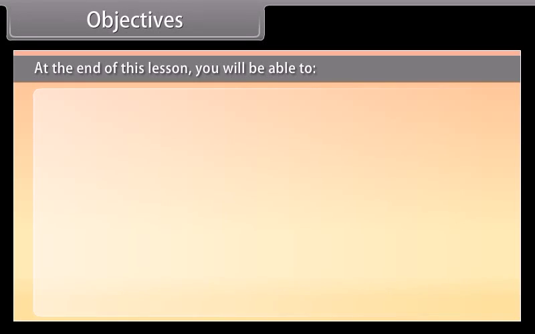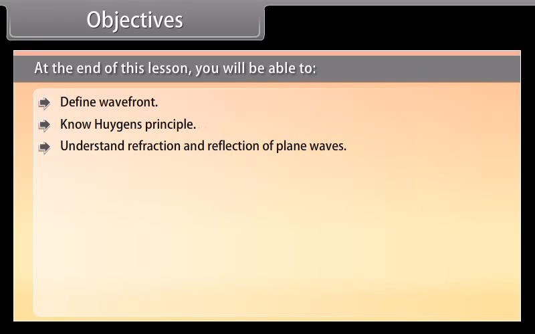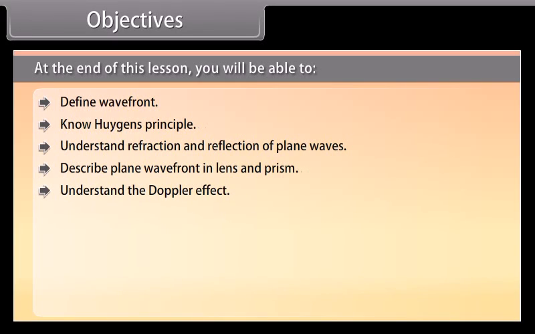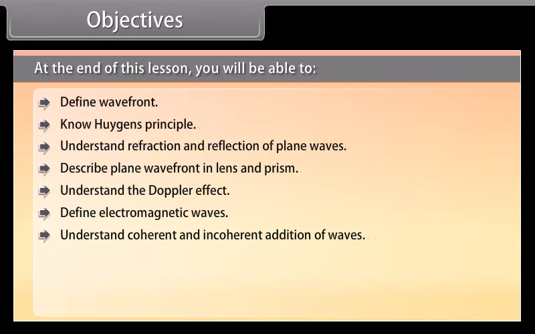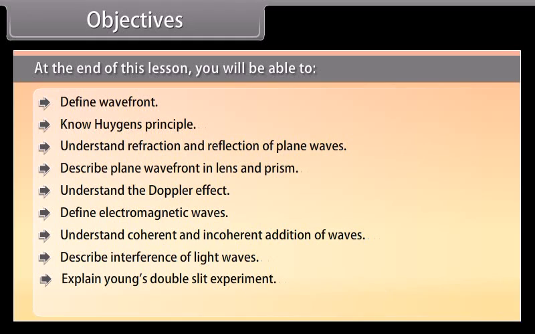At the end of this lesson, you will be able to define wavefront, know Huygens Principle, understand refraction and reflection of plane waves, describe plane wavefront in lens and prism, understand the Doppler effect, define electromagnetic waves, understand coherent and incoherent addition of waves, describe interference of light waves, explain Young's double-slit experiment, explain conditions for sustained interference.